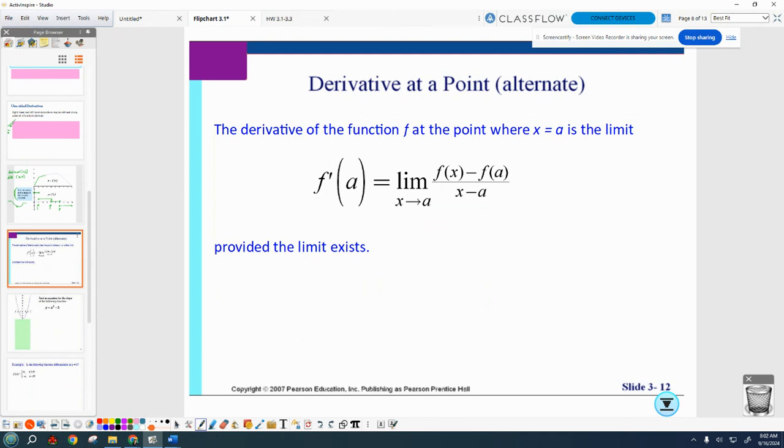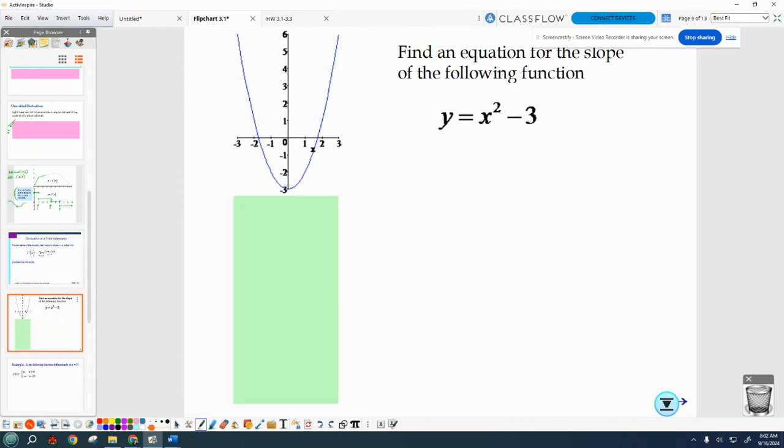Okay, again, derivative at a point, why? All right, so I might have lied a little bit. I want you guys to find the slope of this. If you know the derivative rules, you can use it. If you don't know the derivative rules, welcome to the limit definition of derivative one more time.